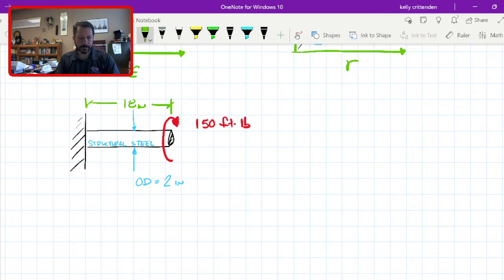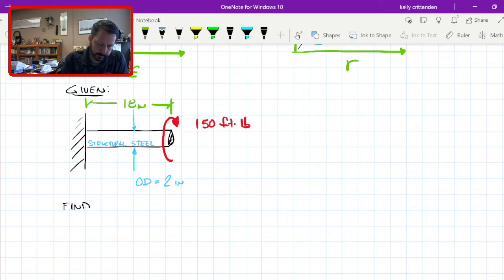Okay. So the thing we want to solve is, we're given this, and we want to find theta from point A to B. I haven't labeled those.